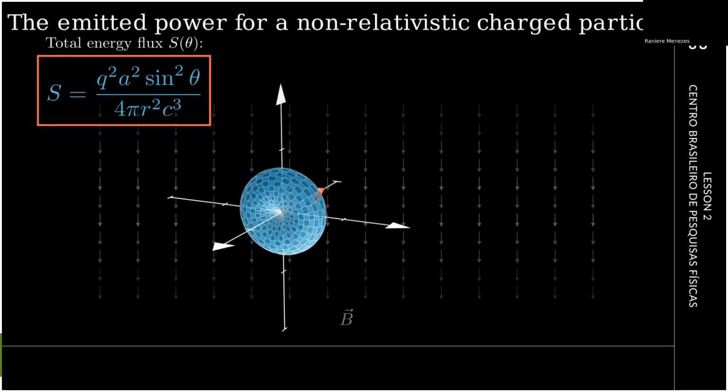In the direction of the acceleration, as I told you before, we don't have emission of radiation. But in a direction perpendicular to the acceleration, we have the highest values for intensity of the emitted radiation. Everything clear? Okay.